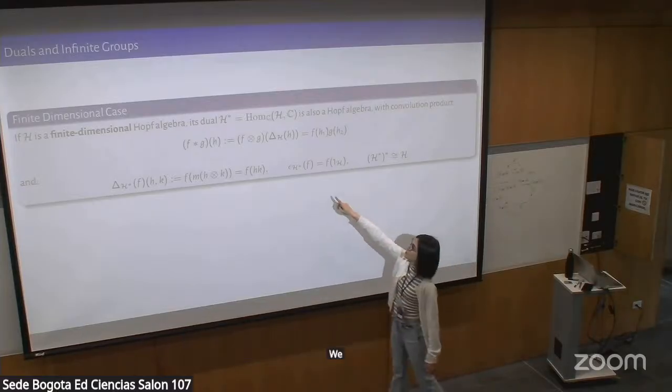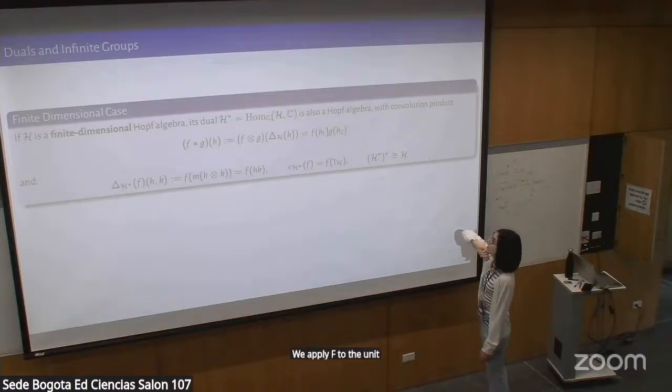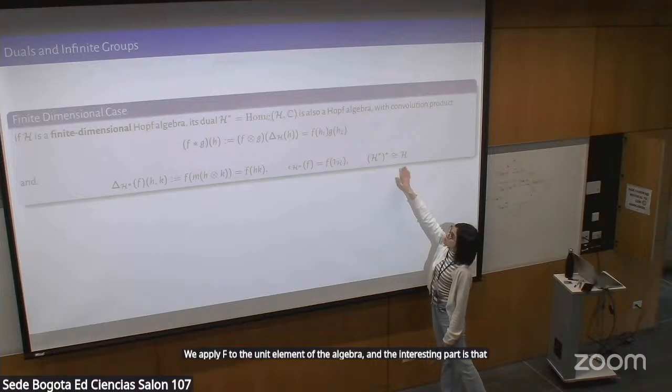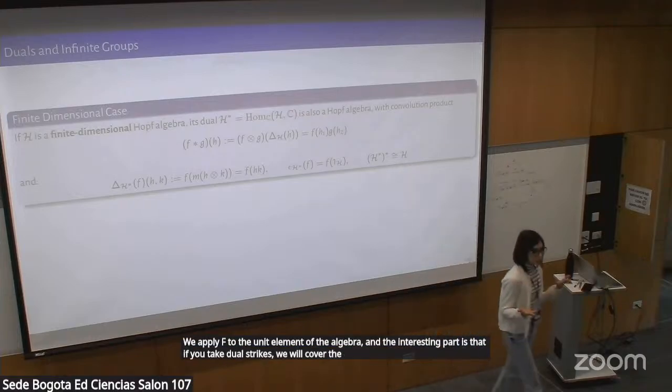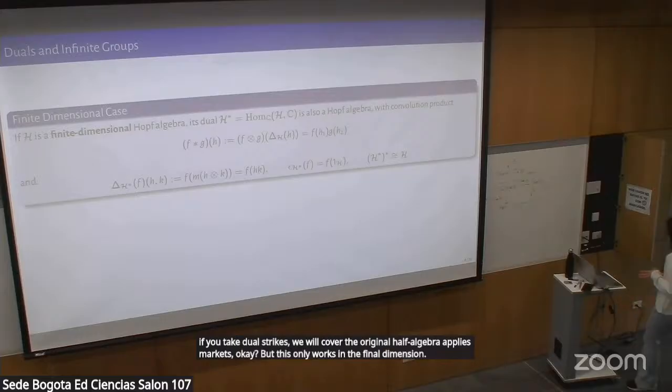And this is the co-unit, that is, we apply f to the unit element of the algebra. The interesting part is that if we take duals twice, we recover the original Hopf algebra up to isomorphism, okay? But this only works in finite dimension.